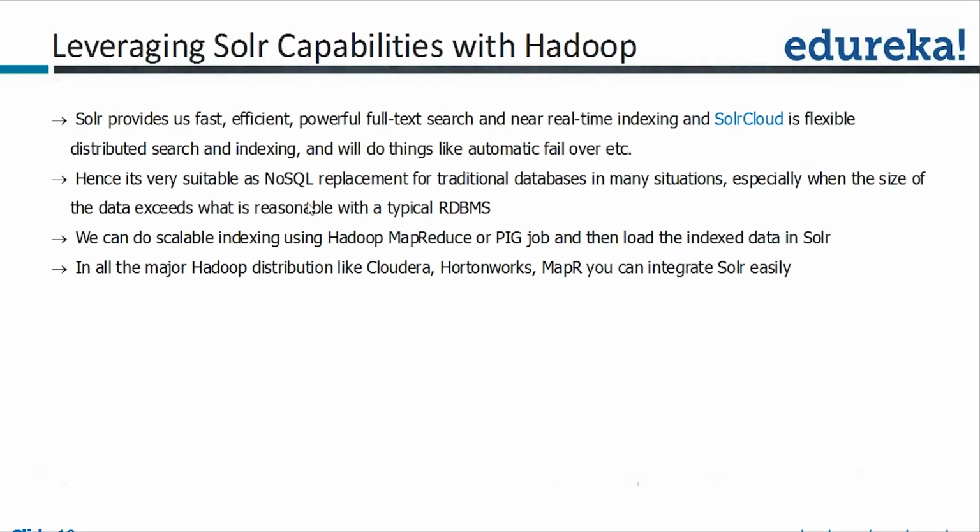These index files sit on HDFS, and on HDFS you can run your Pig job or MapReduce job, and then this data is organized and optimized for storage, and that index data store can be used by Solr to serve the search requests. In all the major Hadoop distributions like Cloudera, Hortonworks, MapR, you can easily integrate Solr.